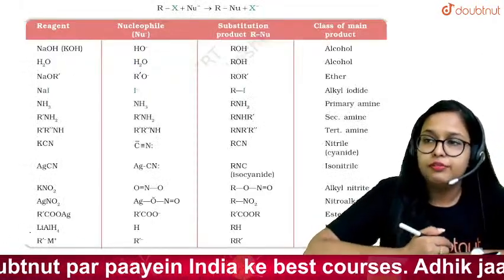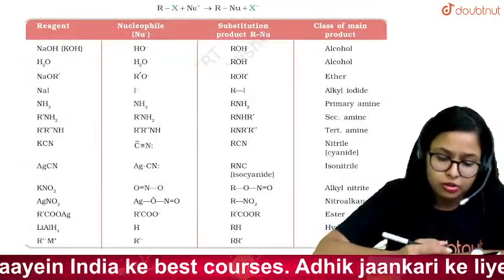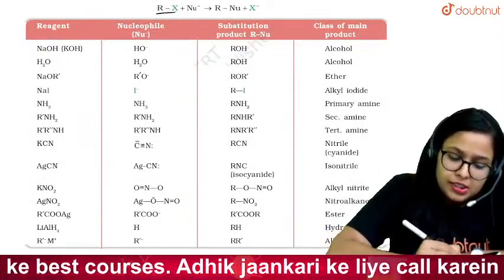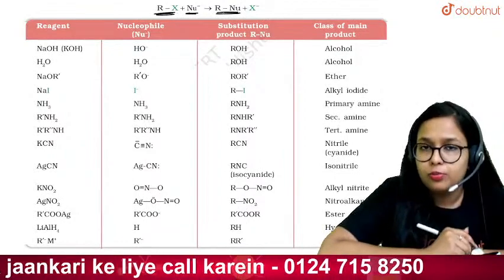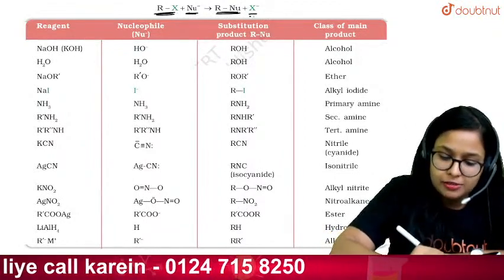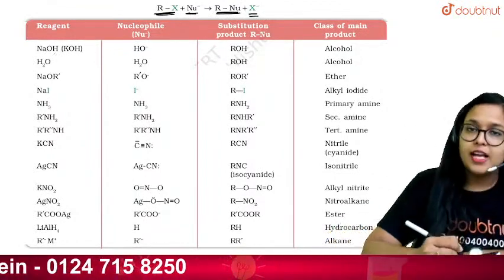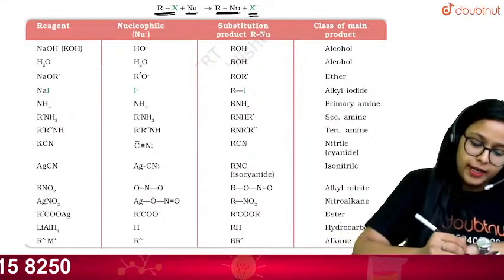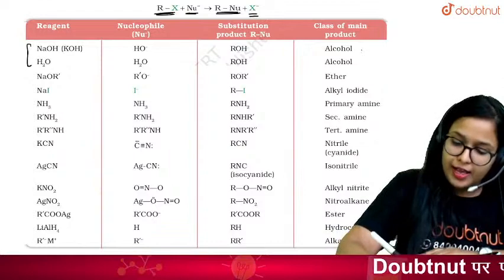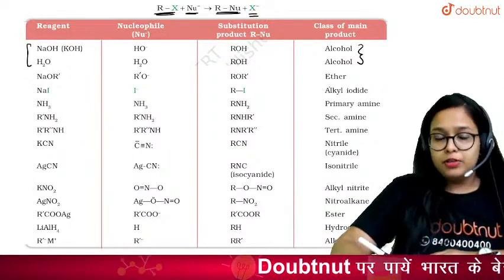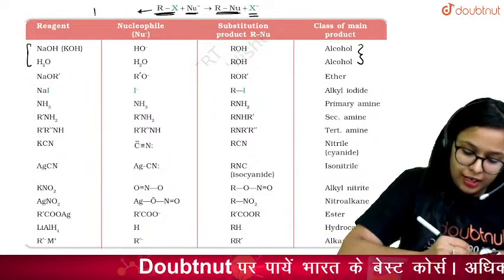These were your nucleophiles and they usually show nucleophilic substitution reaction. The reaction is RX with nucleophile, a new product, R-nucleophile, is formed and X minus is released. For example, as I have already told you, NaOH, KOH or water is used to prepare alcohols from haloalkane.